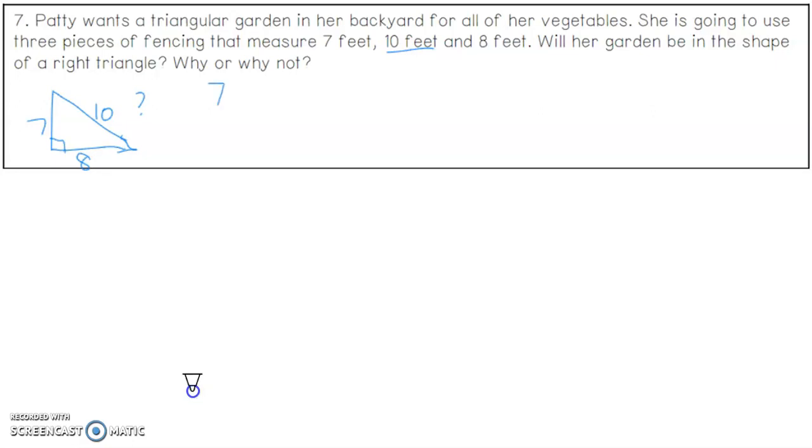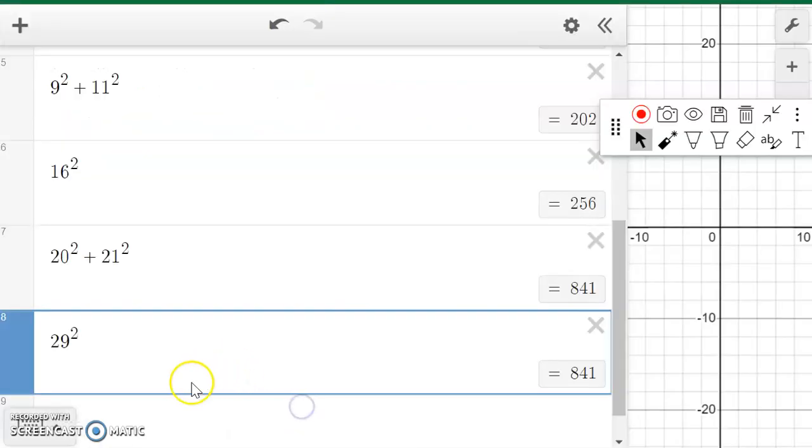Sorry, let me write my formula first. a squared plus b squared equals c squared. So I have 7 squared plus 8 squared equals the hypotenuse squared, so 10 squared, right? 49 plus 64, okay, we can go to Desmos.